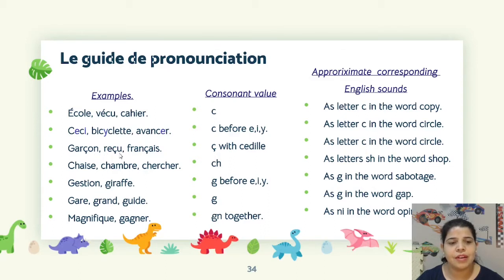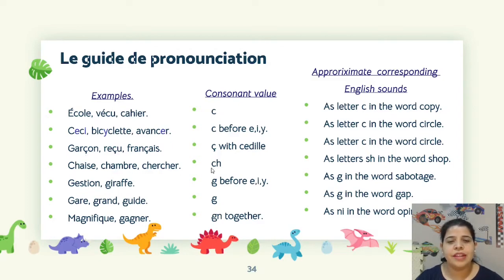Garçon. Reçu. Français. Notice here R is very polite. Garçon, reçu, français. So C with the cédille, no matter which letter follows, has to be pronounced as the letter C in circle.